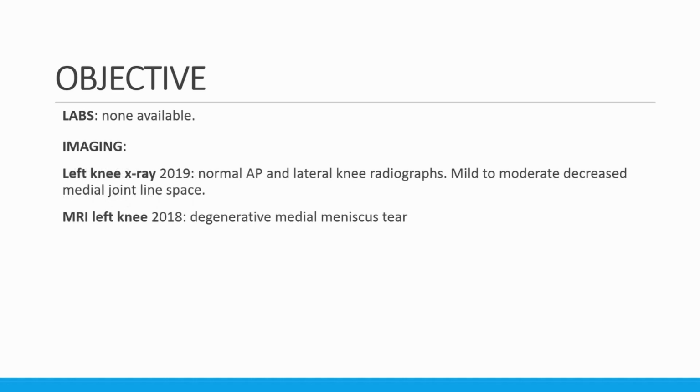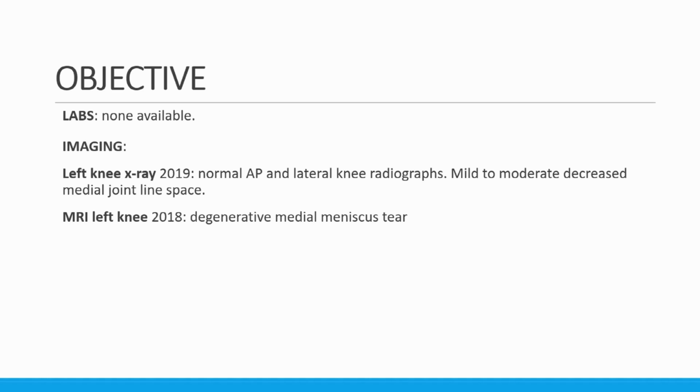And in this case, there were no available labs at this time, but we did have a left knee x-ray from 2019. It was normal AP and lateral knee x-rays with some mild to moderate decreased medial joint line space. So he does have some osteoarthritis especially in the medial joint line, which is what we learned from our assessment, where there was tenderness, right?